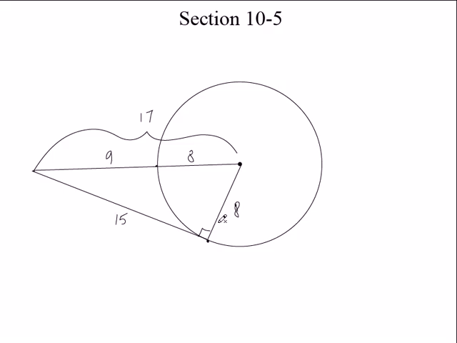So with that information, they're saying, is this 15, is that line right there actually tangent to the circle? Okay? How would you figure that out? Well, it would have to be a right angle then, wouldn't it? So right now, we actually don't know that it's a right angle. What we're trying to do is show that it actually is a right angle. So how do we do that?